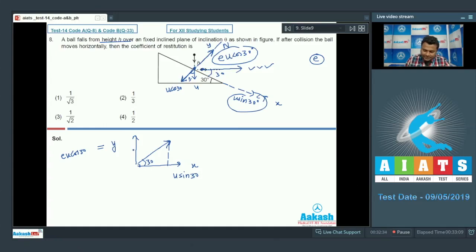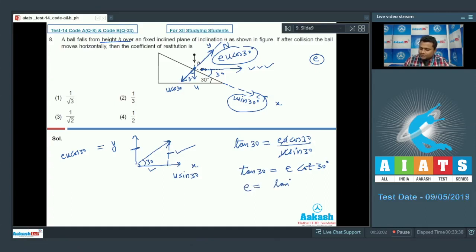So we can write tan 30 equals this velocity component upon base, that is e u cos 30 upon u sin 30 degree. U cancels out, tan 30 equals e times cot 30, or e can be written as tan square 30 degree.